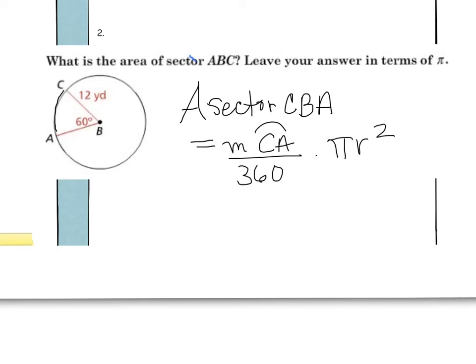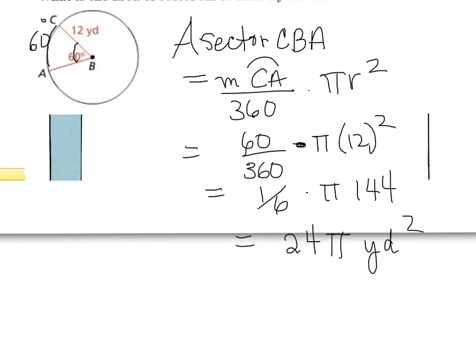So let's plug in what we know. One thing I want to tell you is that if the angle measurement here is 60 degrees, this arc measure is also going to be 60 degrees. We will talk more about that later, but you do need that information to answer this question. So here this simplifies to 24 pi yards squared.